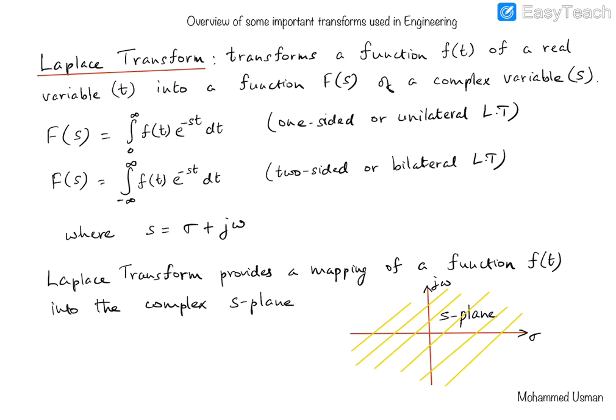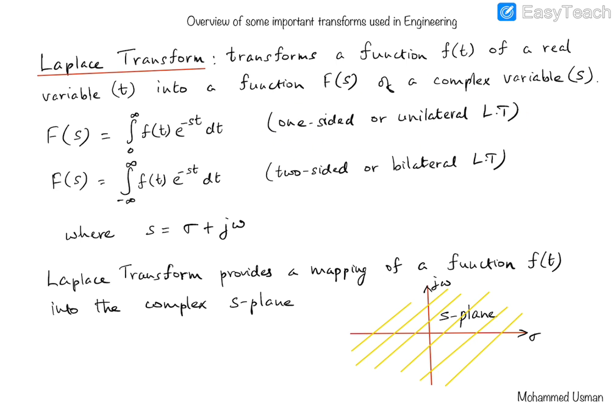Again, throughout the course of this video, I will be using the single-sided and two-sided transforms interchangeably, depending on the situation. But the arguments remain the same and the relationships will remain the same, irrespective of whether we are talking about unilateral or bilateral transforms.